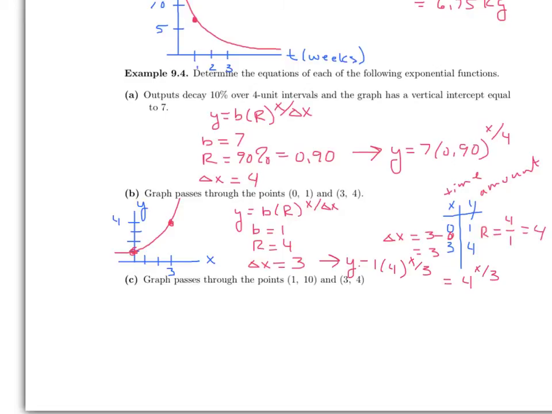Now let's look at part C. In this case, again, you're given information about the graph. So let's start by drawing a graph.